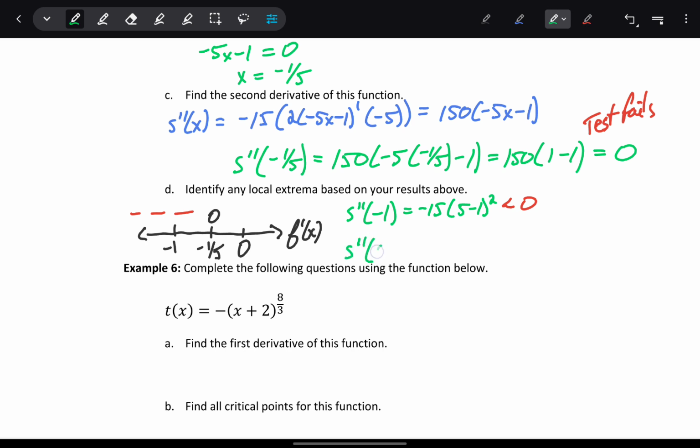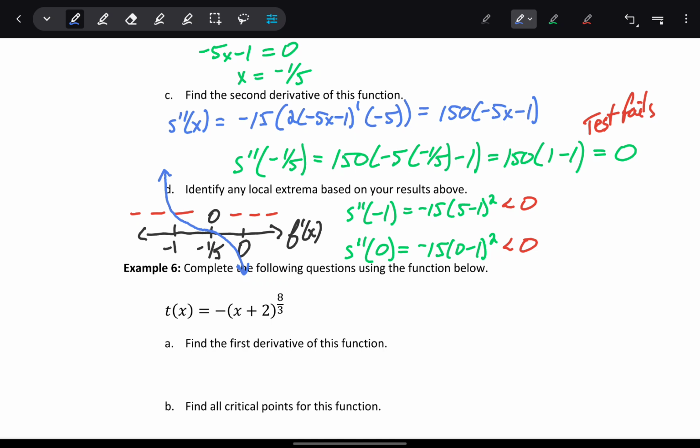And if we evaluate the derivative function at 0 as our second test point, we'll get negative 15 times 0 minus 1 squared. That result will also be negative. So for all values of x greater than negative 1/5, the first derivative function will still be negative, meaning that our function is doing something like this, where it's decreasing, levels out or goes horizontal for just an instant at negative 1/5, and then continues decreasing.